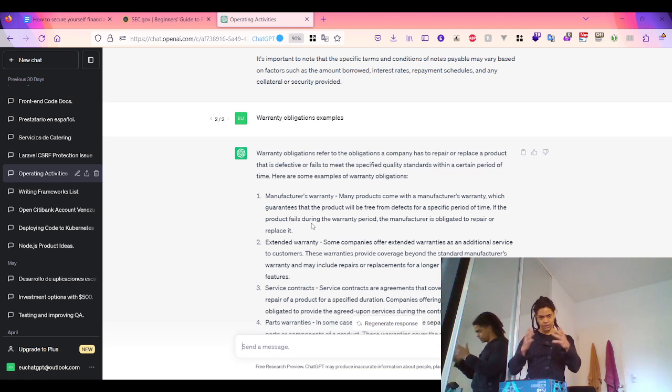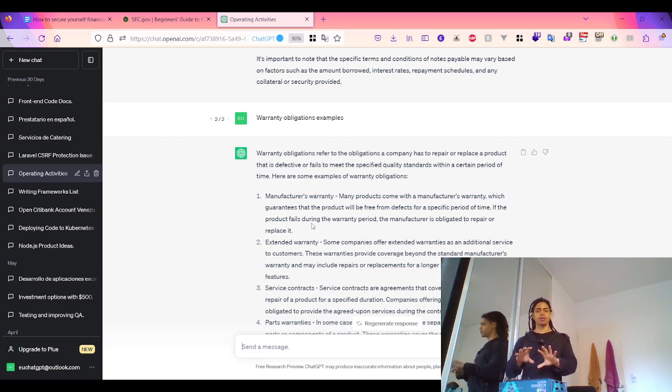And the first part of the cash flow is to review the net income from the income statement and reconcile it with the total amount of cash that was used or received from these operating activities.